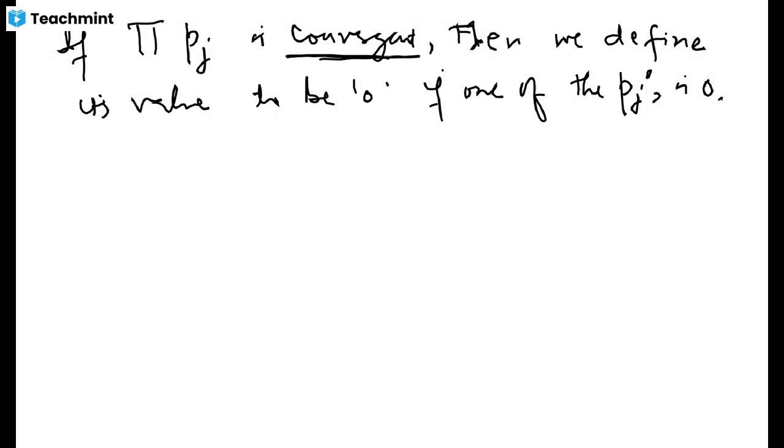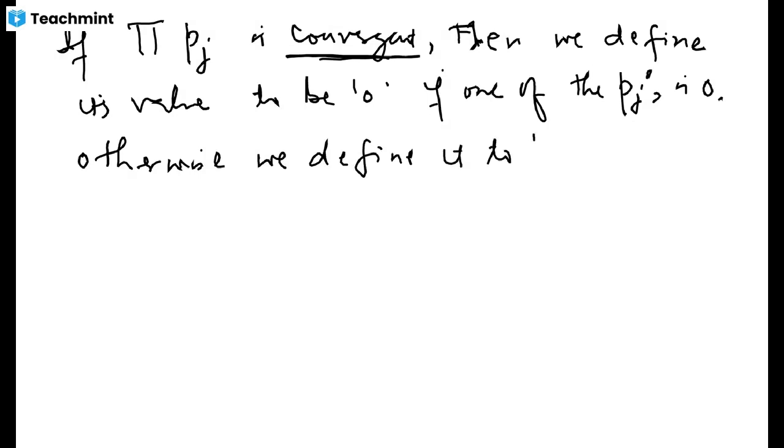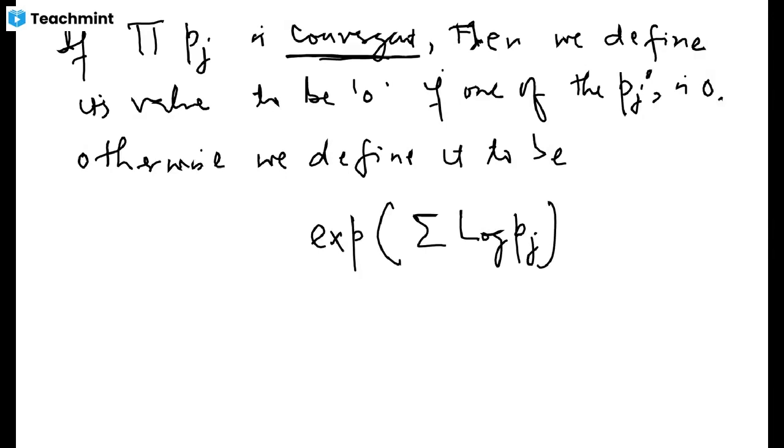Otherwise, if no factor is zero, then we define its value to be the exponential of the infinite series we form by taking the principal log of each term. We have to exponentiate that series, and that will be defined to be the value of this infinite product.